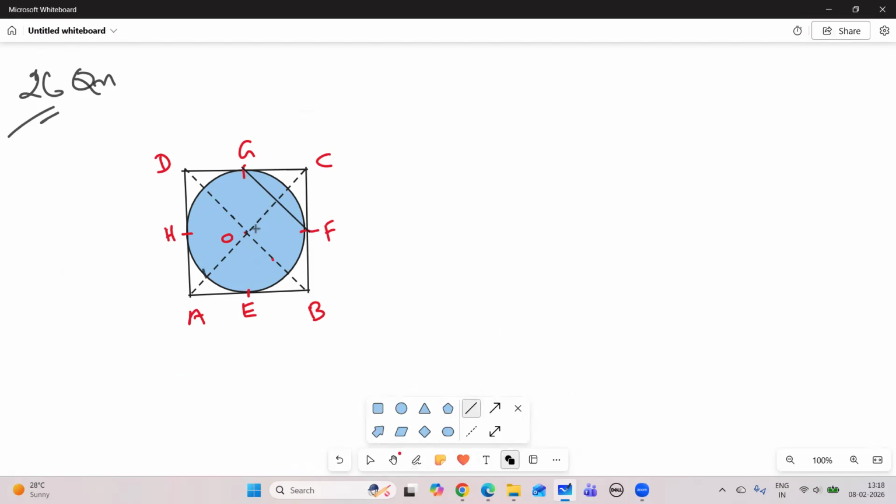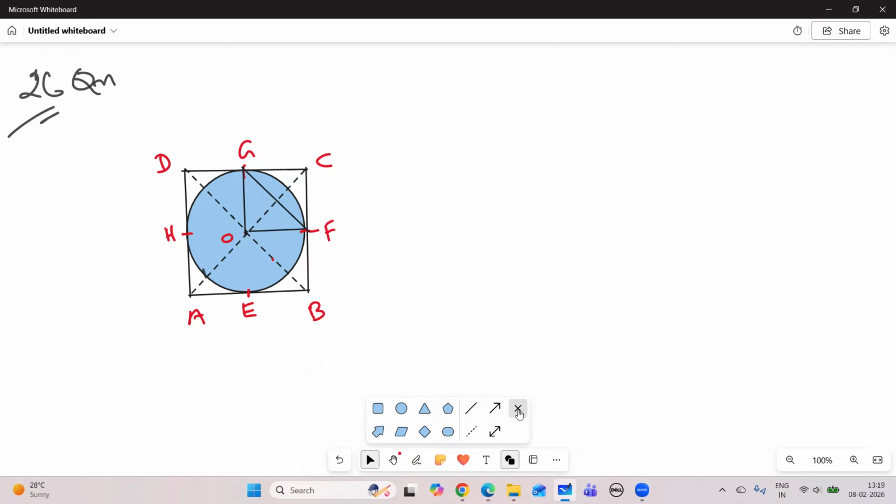I'll join G with O and F with O with line segments. So I got this radius, and I also have got this radius. G and F are points on the circle, and O is the center.